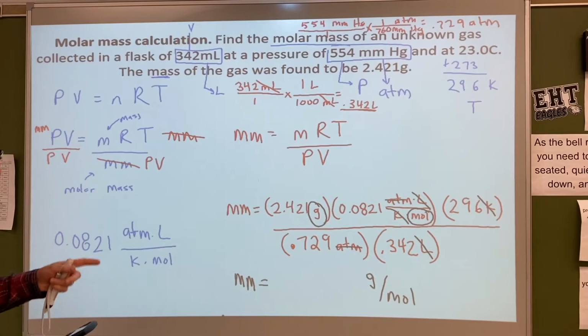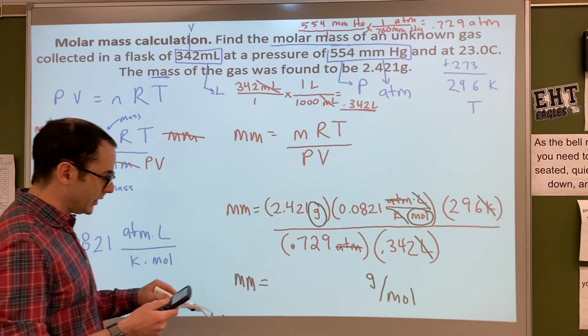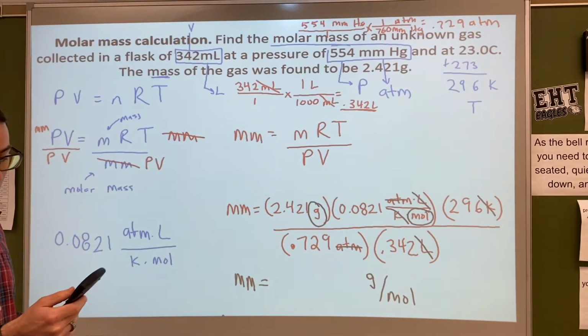To plug this into the calculator, I'm going to do 2.421 times 0.0821 times 296 equals, divided by 0.729, divided by 0.342, and I got 235.98.